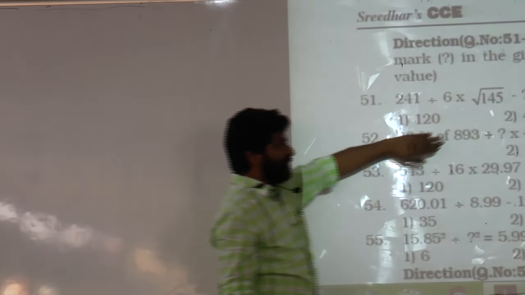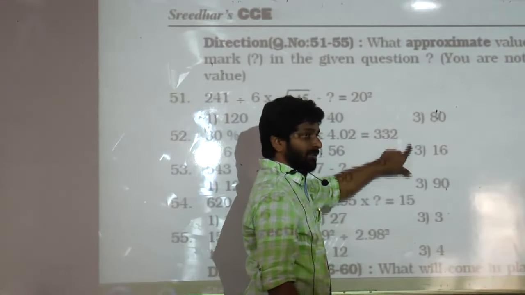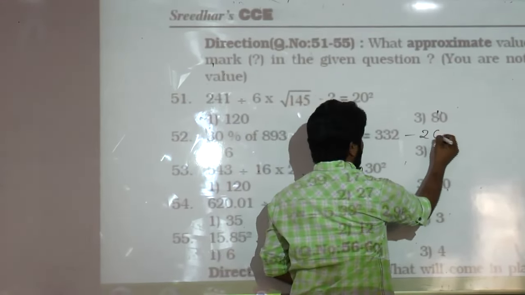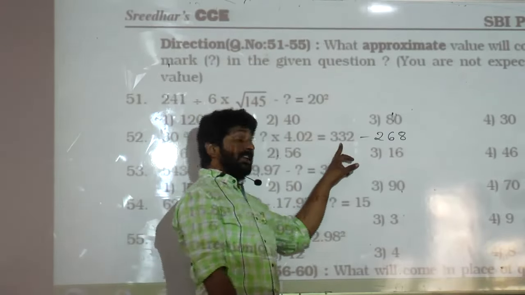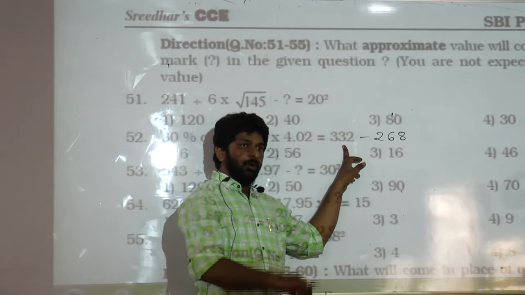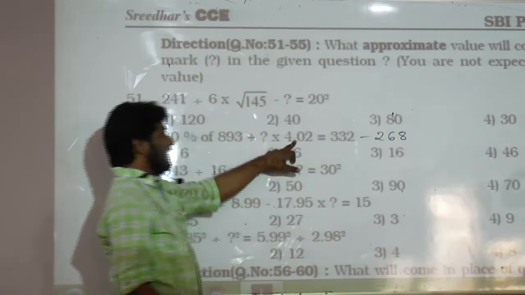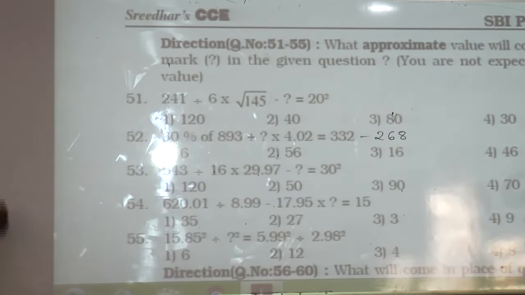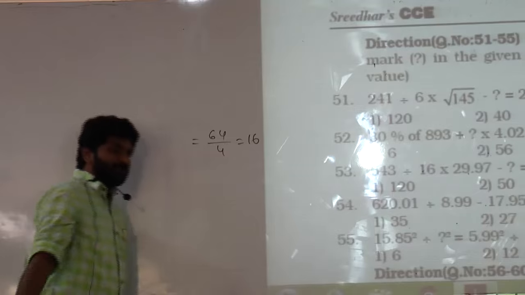So this value is 268. Take this 268 to the right hand side. Minus 268. Middle number is 300, right? You need to take the difference of 332 and 268. This is 32 more and this is 32 less. Difference is 64. X into 4 is equal to 64. X is equal to 64 by 4, which is 16 times.